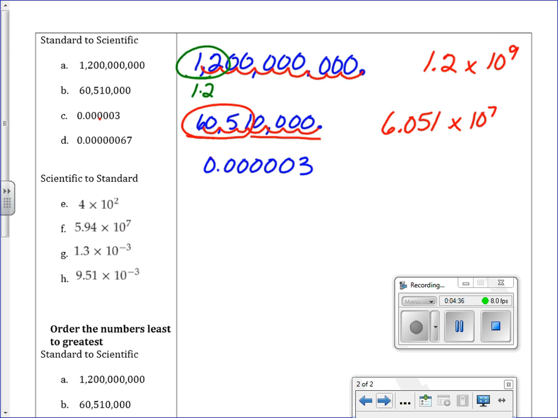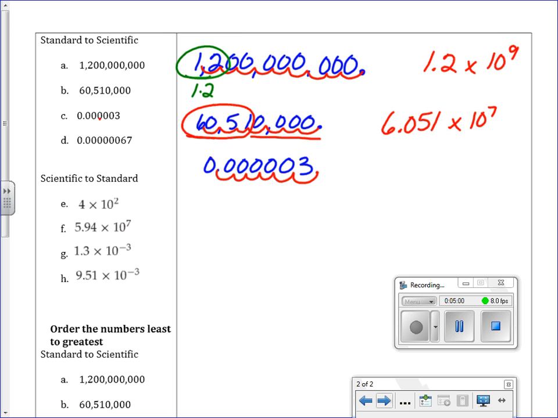Now I want to move that decimal until I have a number that's greater than 1, less than 10. But now I have to move it to the right instead of to the left. My decimal is already in place, so I don't need to draw a decimal here. So I move it 1, 2, 3, 4, 5, 6 places.